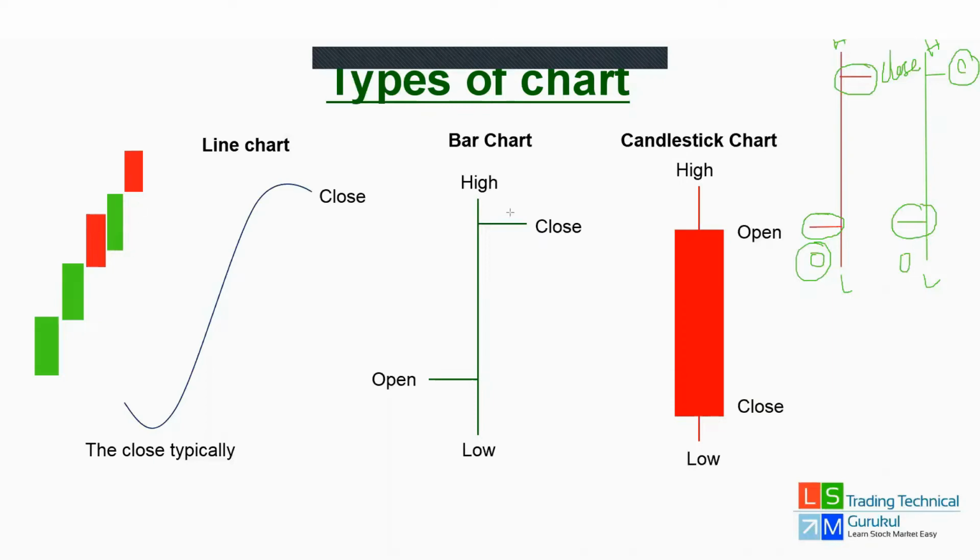So the use of the bar is to identify the closing. If the closing is above the previous candle's closing, then the bar color will be green. On the other hand, if the close is below the previous closing, the yesterday's closing, then it is a red bar.